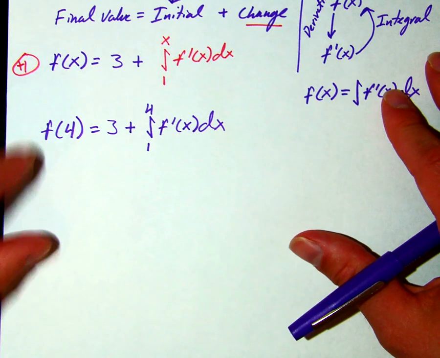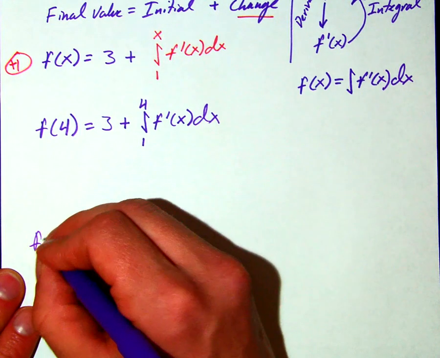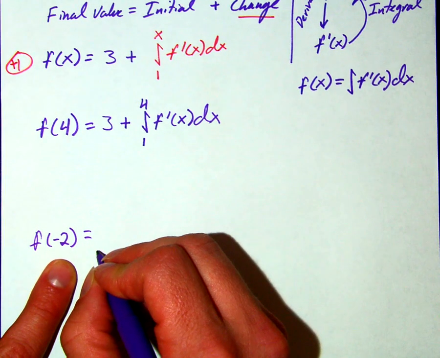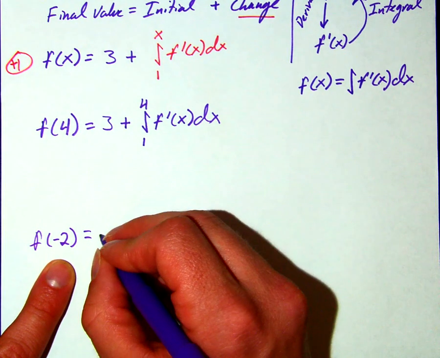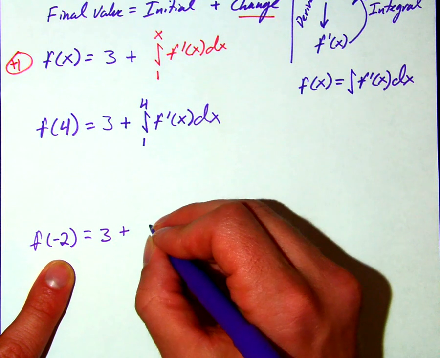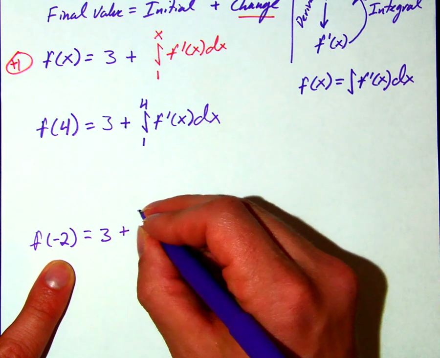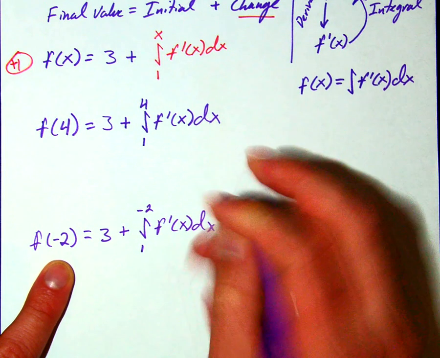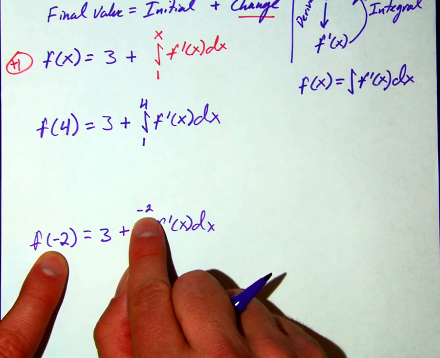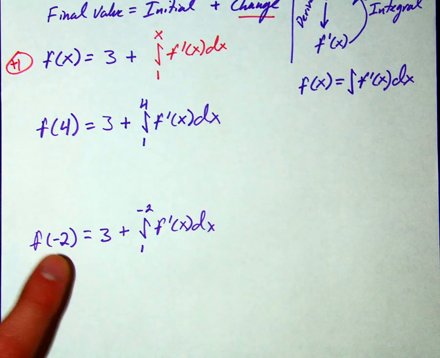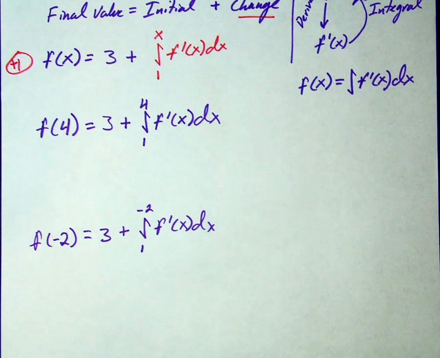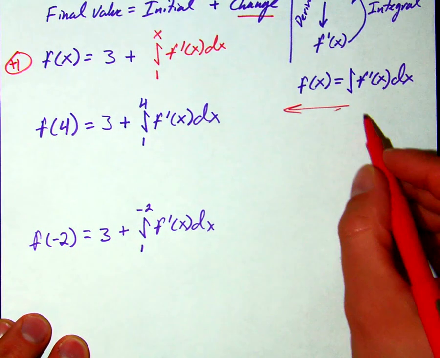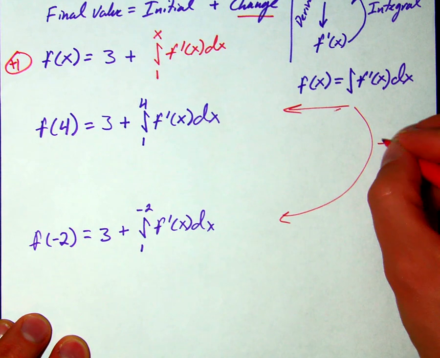But let's try it with f of negative 2. Well, f of negative 2 is just going to be 3 plus the integral from 1 to negative 2 of f prime of x dx. Again, I get that upper bound from this number right here. And by the way, for doing both of these, you get a point.